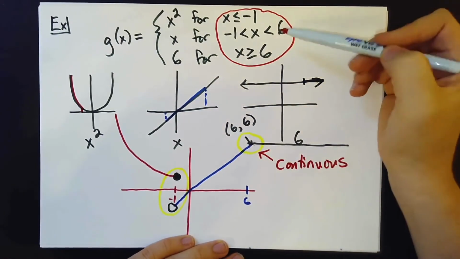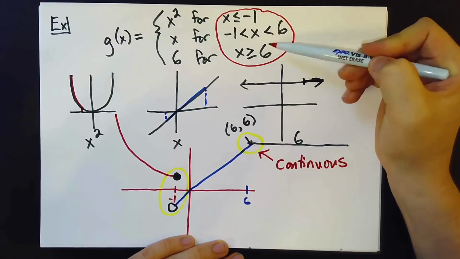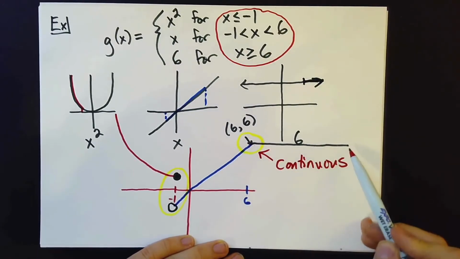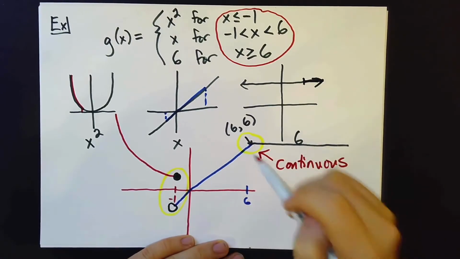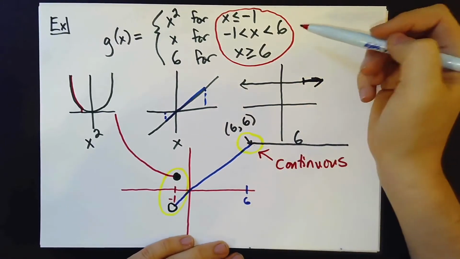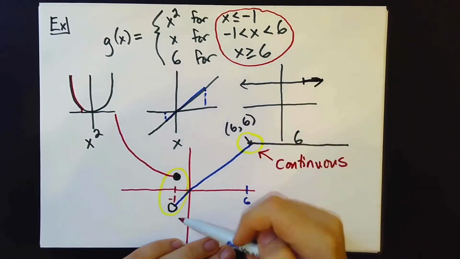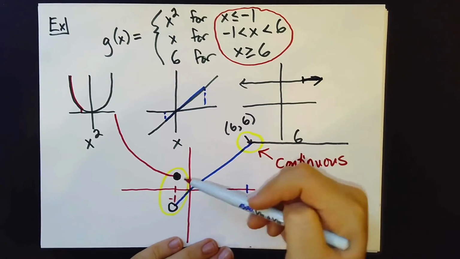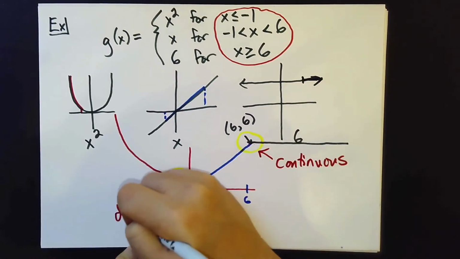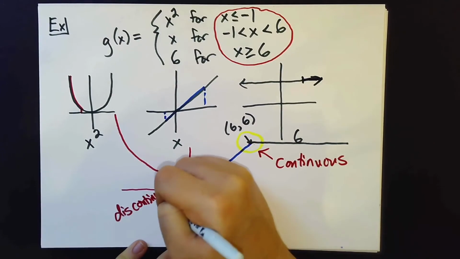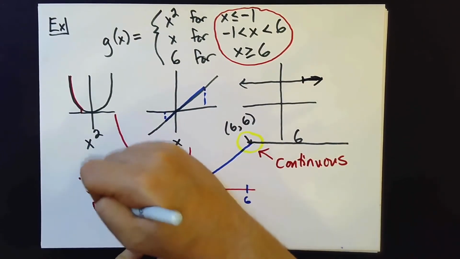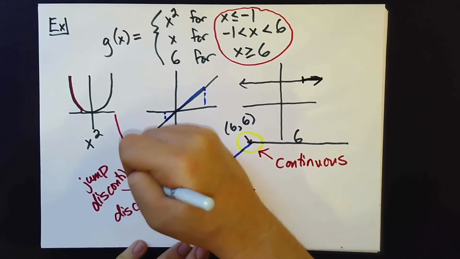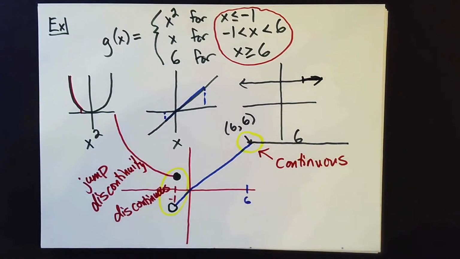So if, when we get to a boundary in our piecewise function, the left side and the right side overlap, that is, they give you the same point and they meet up exactly like this, we call that continuous. Whereas if you look at the gap over here at -1, there was this jump, and so this is discontinuous. Or you will sometimes hear the term jump discontinuity. Because there is a jump in the graph.